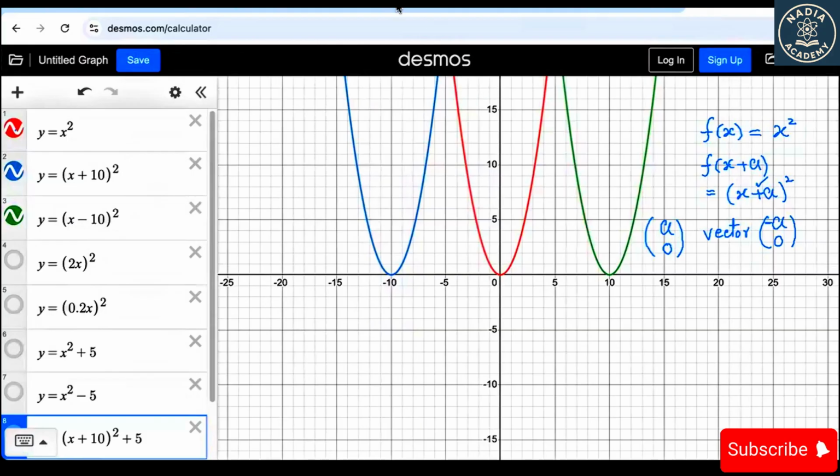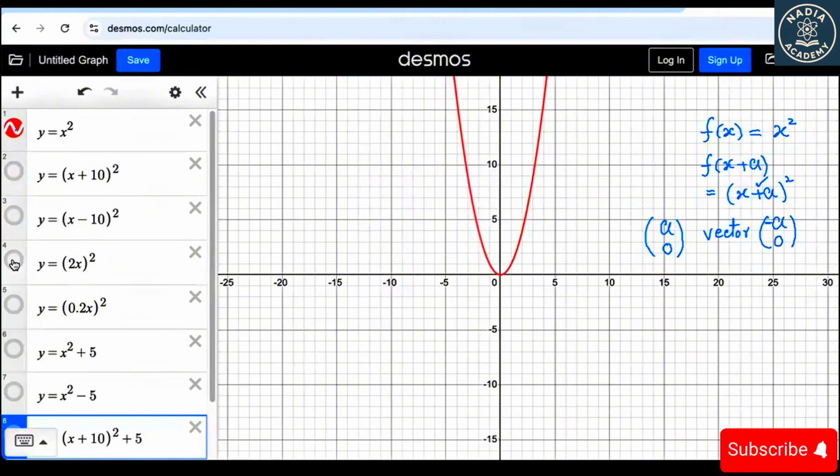Now we go to multiplication, meaning that we are going to multiply our independent variable. What would happen? Let's switch off these two parabolas and go back to our first parabola, which is f of x equals x squared.